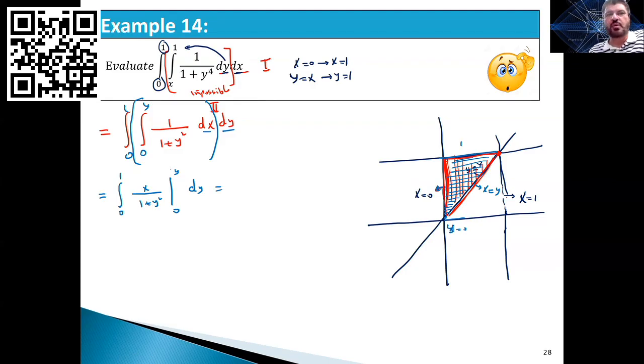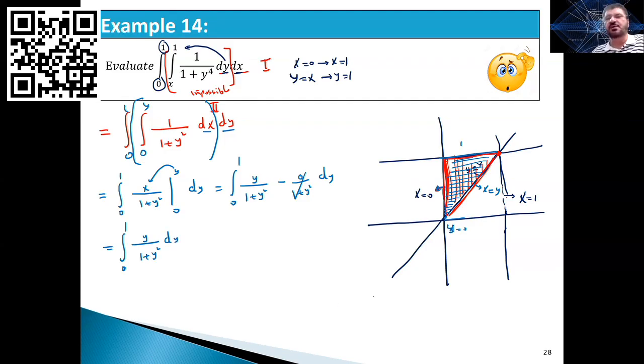Now we replace x with y. So this is the integration from 0 to 1 of y over 1 plus y squared, minus, put the 0, you get 0 over 1 plus y squared, dy. But this is all 0. So I have the integration from 0 to 1 of y over 1 plus y squared dy.